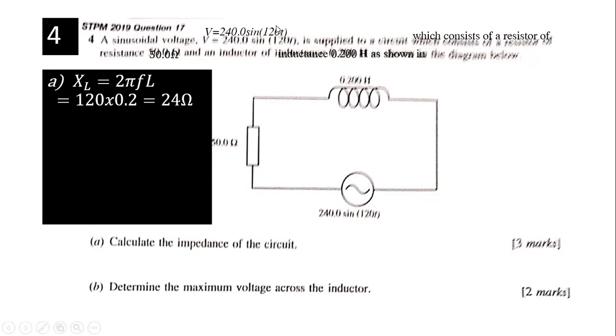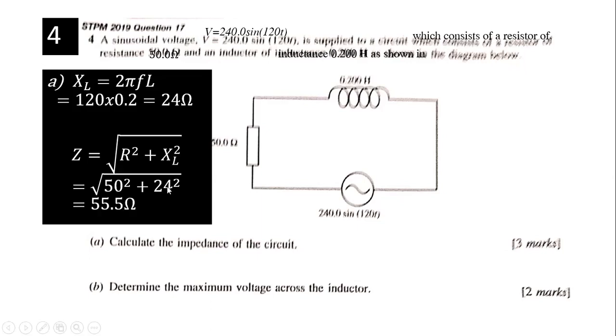Know how to read this one. This is your 2 pi F, 120 pi, L is 0.2 Henry. And Z is the square root of R square plus X square. R is 50 ohm, so X is this one, square that.